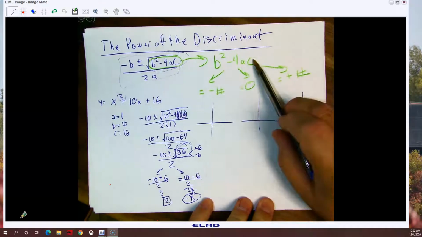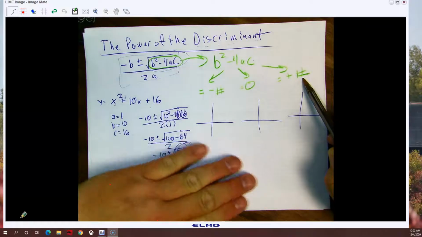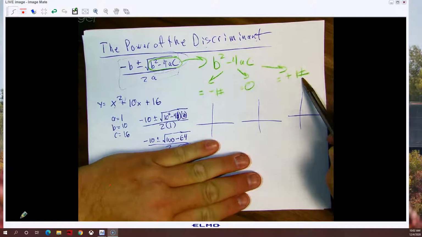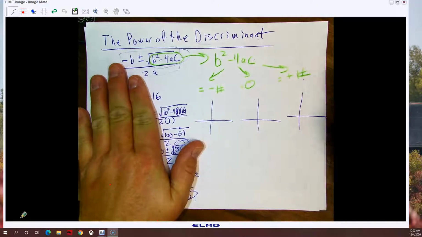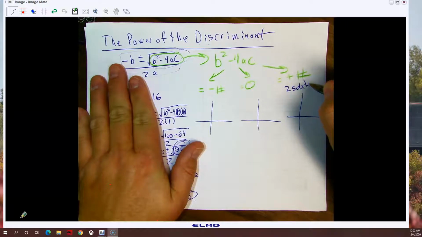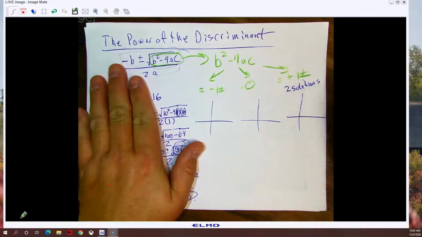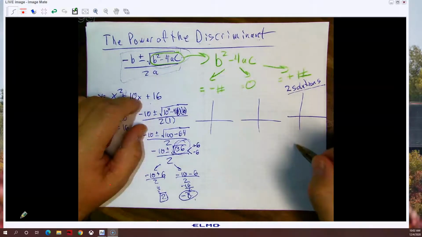Well, if my discriminant is a positive number, even if I don't care to find all of it, as soon as I know that the discriminant itself is a positive number, I know that I'm going to have two solutions. So in this case, they are two non-matching solutions. Now, in my particular case, I came up with 2 and negative 8.